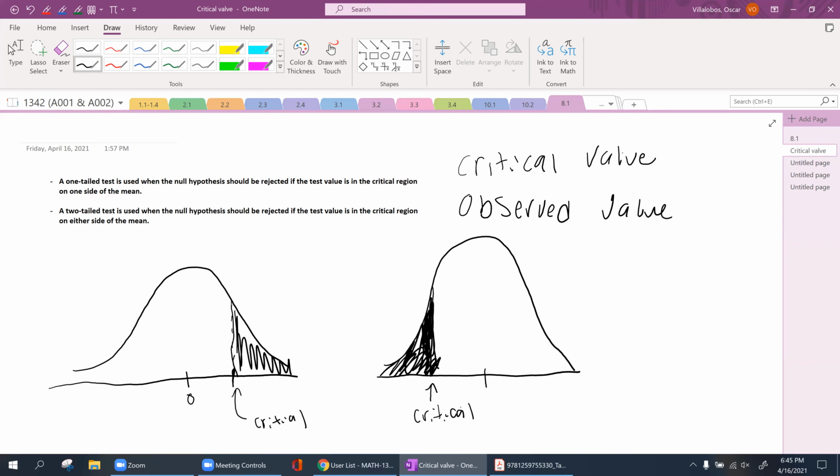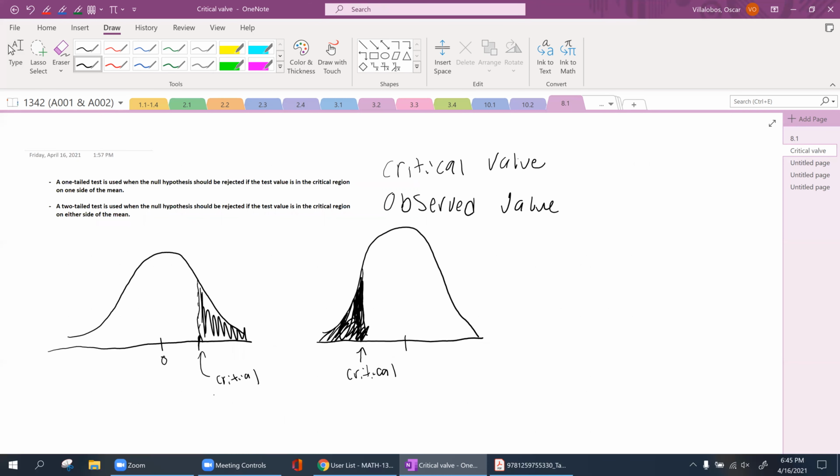For this one, let's just say your critical value is 2.71. And for the second example, let's just say it's negative 3.01. So these are the 2 different types of examples.